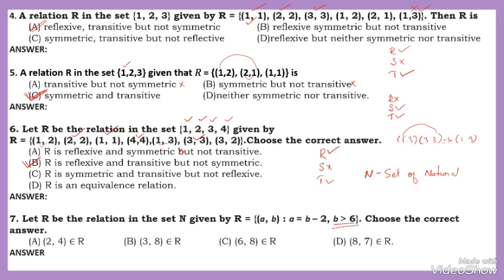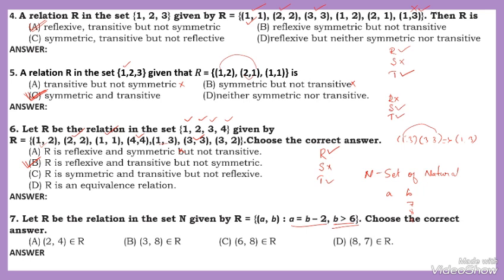Okay. B is greater than 6 means we have to consider the B values: 7, 8, 9, and so on. Here, what are the A values? We have to check in this equation.